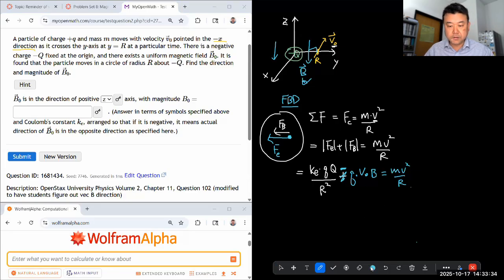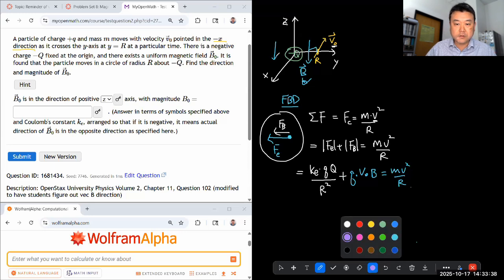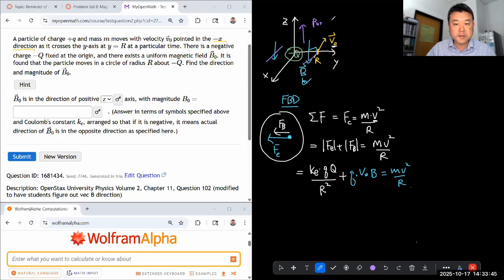Let me do that in a different color. So the correction would be, not this, but it has to be along the positive direction, because of the restricted choice.